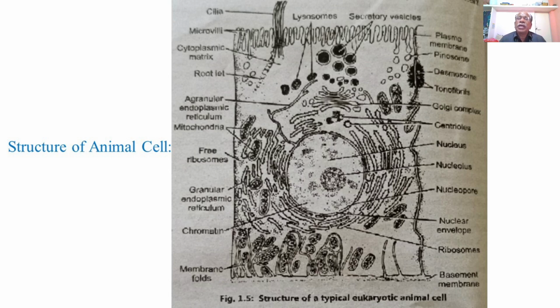Then the free ribosomes and a number of organic substances in the form of complex micro or macro biomolecules like proteins, lipids, carbohydrates, and nucleic acids like various types of RNAs also occur in the cytoplasmic matrix.